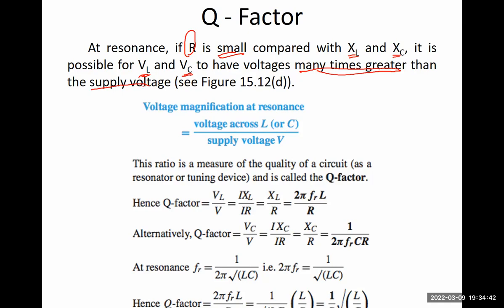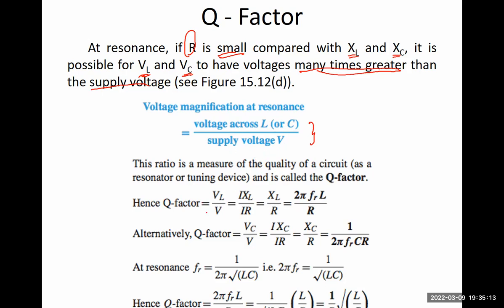Na ma-magnify, okay? Na dodoble-doble yung ating voltages across either sa inductor or sa capacitor, many times greater than the supply voltage. And the voltage magnification at resonance can be determined by the ratio of the voltage across L or C divided by the supply voltage.